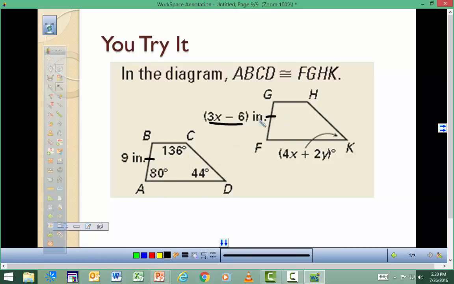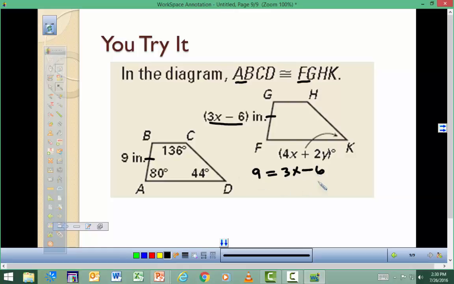You can tell that is the case because AB matches up with FG. So AB here matches up with FG here, and that gives us our first equation. 9 must be equal to 3x minus 6.